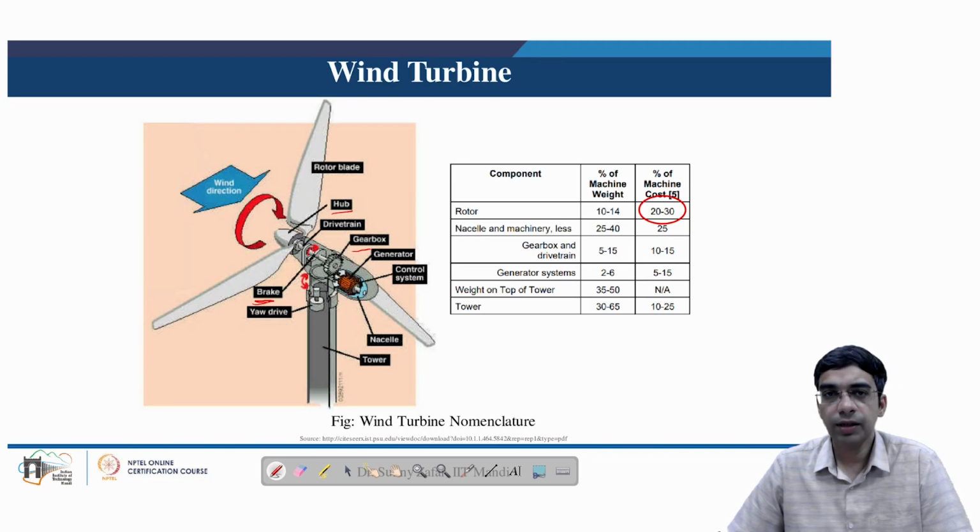So the role of the gearbox is basically to increase the number of rotations, because very often we see the wind turbine rotating very slowly, but the slow rotation is converted into a higher number of rotations using this gearbox, and the output of the gearbox is then connected to a generator, which is then able to generate electricity, which is then supplied to the grid.